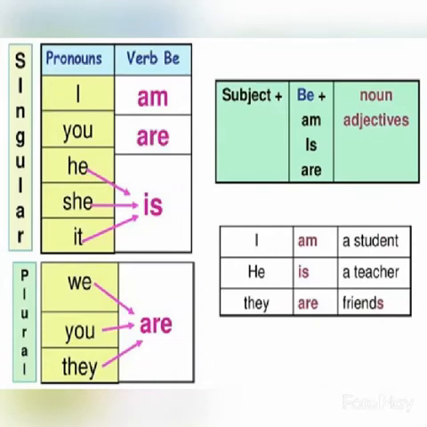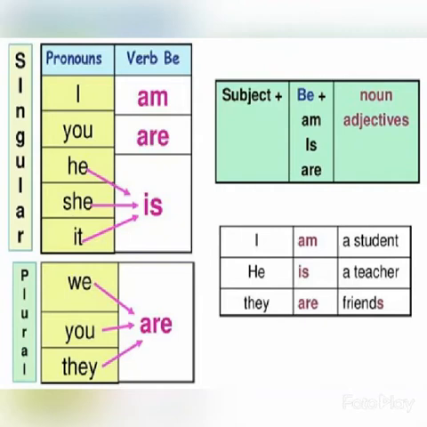So here all the be form verbs are given, that is, is, am and are. You can see the first box where we have the singular pronouns like I, you, he, she and it. Here I is specifically used with am.